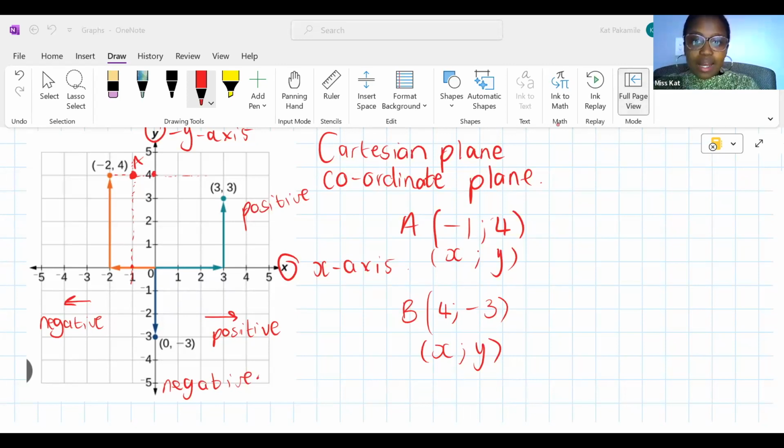Now tell me, negative 3 for y, is it going to be above or below the 0? Guys, this is the y-axis, the vertical y, okay? Look where 0 is and look where negative 3 is. Is it below the 0 or is it above the 0?